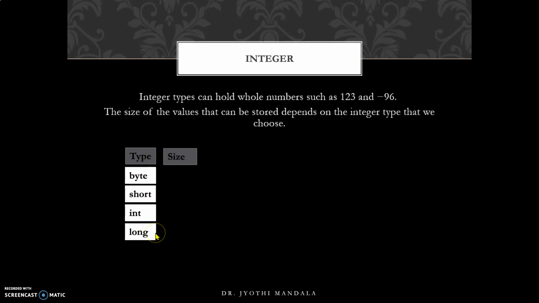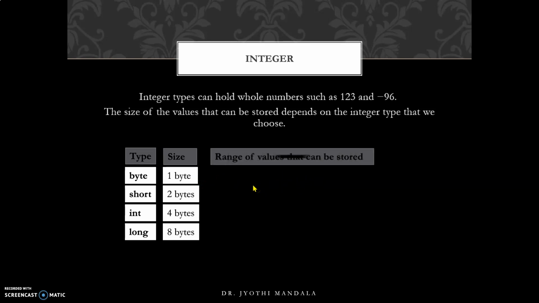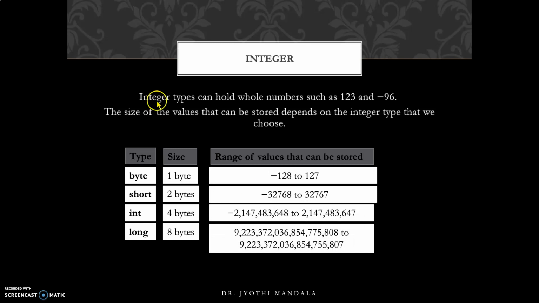If you want to know the size, the size of byte is 1 byte, short is 2 bytes, int is 4 bytes and long is 8 bytes. Depending upon this size, the value range will vary. In byte, as it has a size of 1 byte, we can store a range of values from -128 to 127.